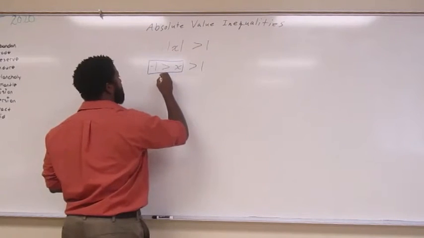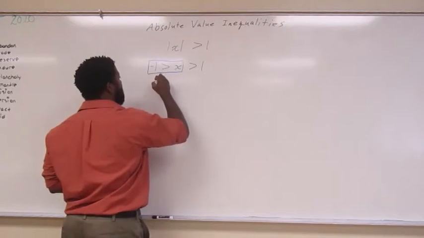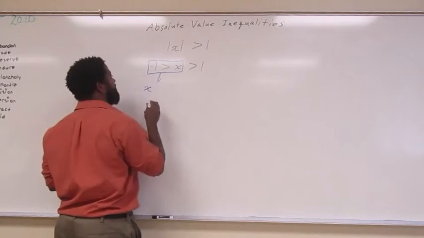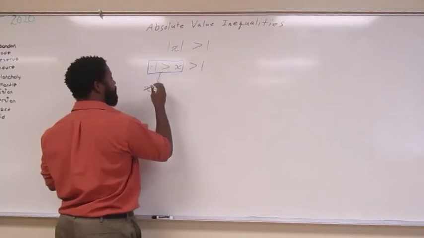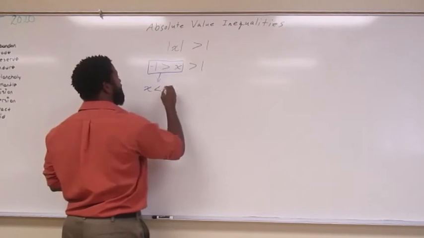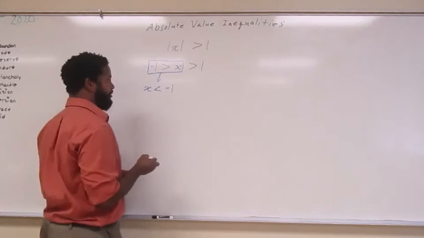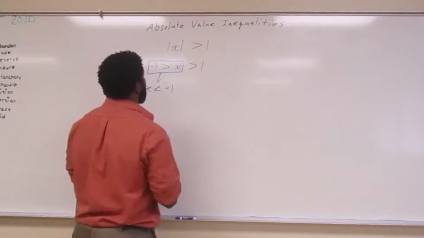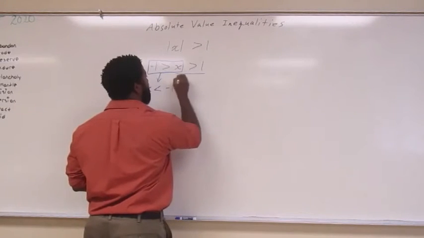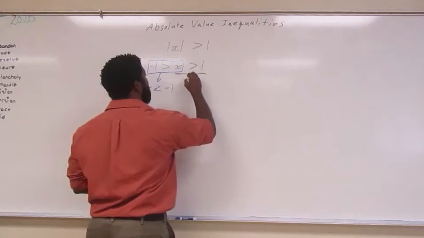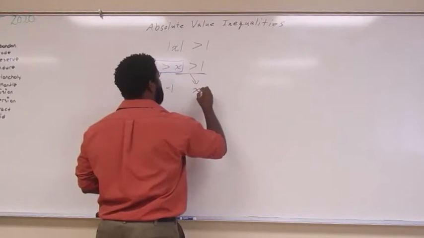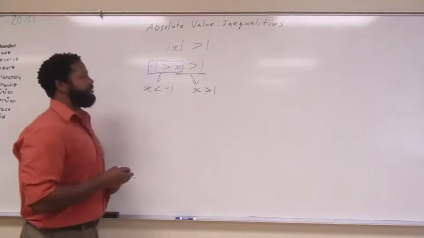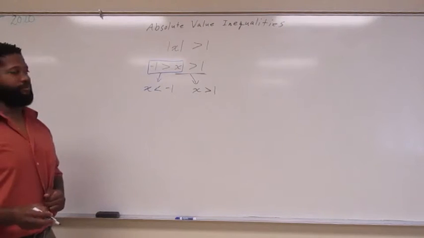So you bring the x down, is less than, you flip the sign with the x. X is less than negative 1. And then you keep this part right here. X is still greater than 1. You keep that.